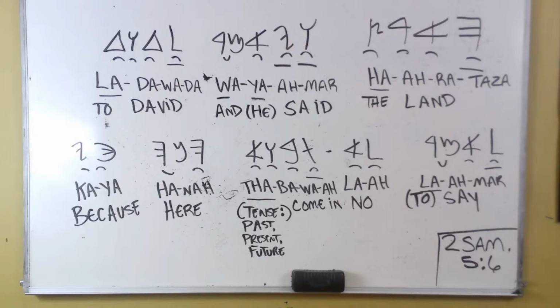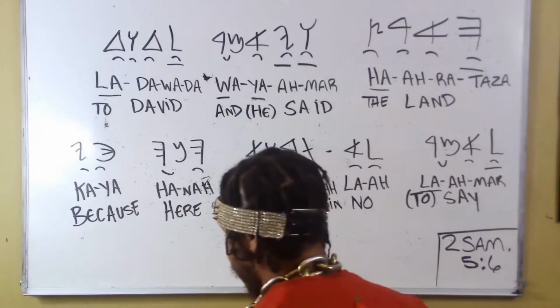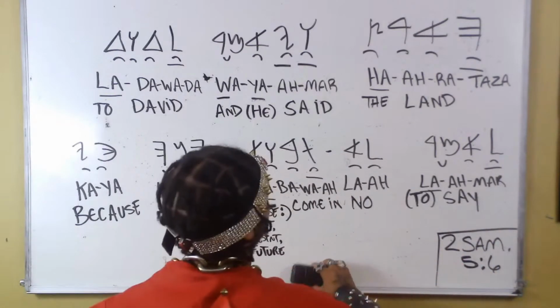Okay, could have been that. Saying to David, and he said to David to say, not the tents come in here because. All right. And with that being said, let's keep going.